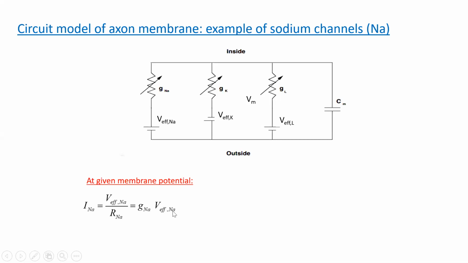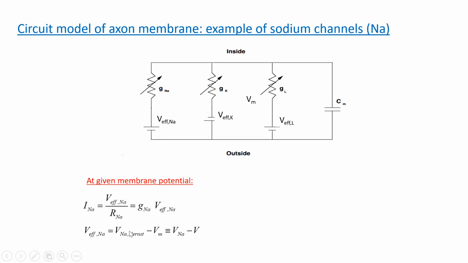Now, what's the effective potential of sodium? Well, it's not just the membrane potential, it's equal to the Nernst potential of sodium minus the membrane potential, okay? Because with the Nernst potential equal to the membrane potential, there's no net tendency for ions to flow.